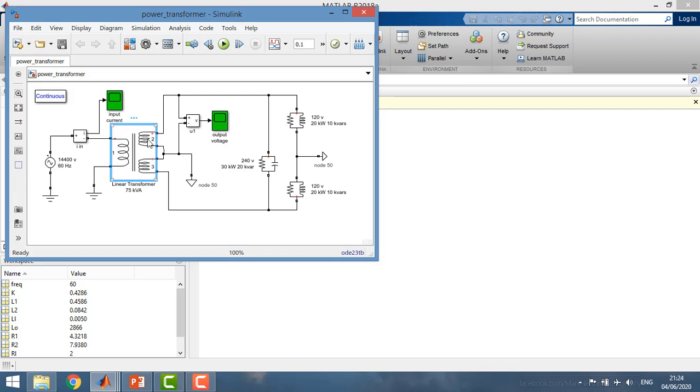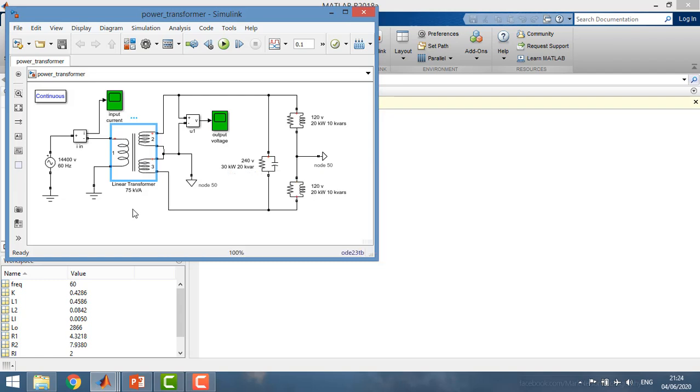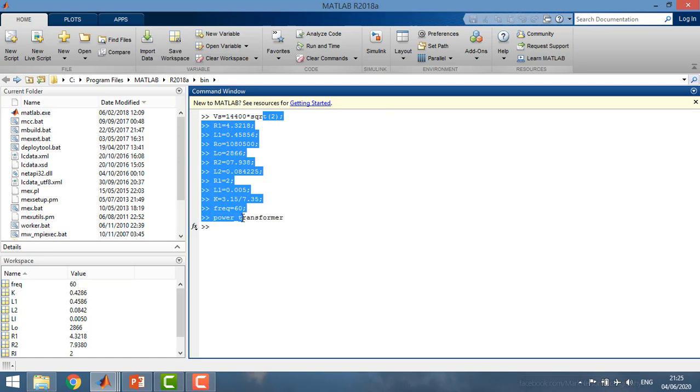This transformer is a single phase 3 windings transformer. I'm relying on this model a bit more in the next video when I present single phase 3 windings transformer. Alright, okay, so we defined the parameters required, and those parameters now exist in the workspace.